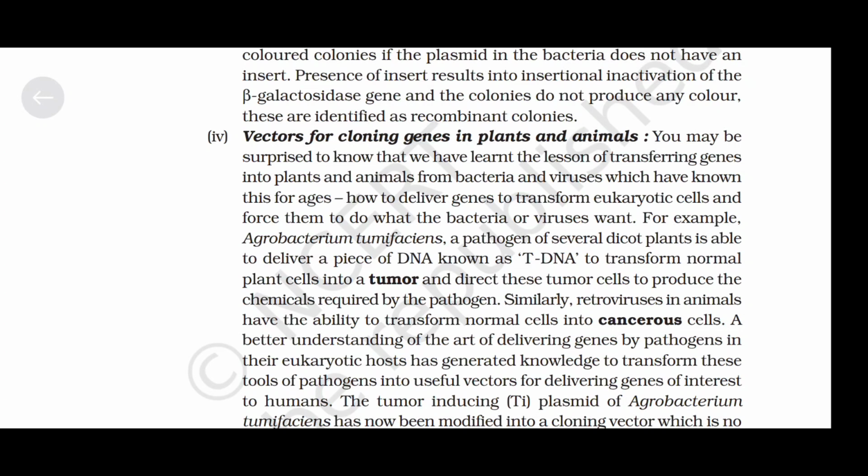For example, Agrobacterium tumefaciens, a pathogen of several dicot plants, is able to deliver a piece of DNA known as T-DNA to transform normal plant cells into a tumor and direct these tumor cells to produce the chemicals required by the pathogen.